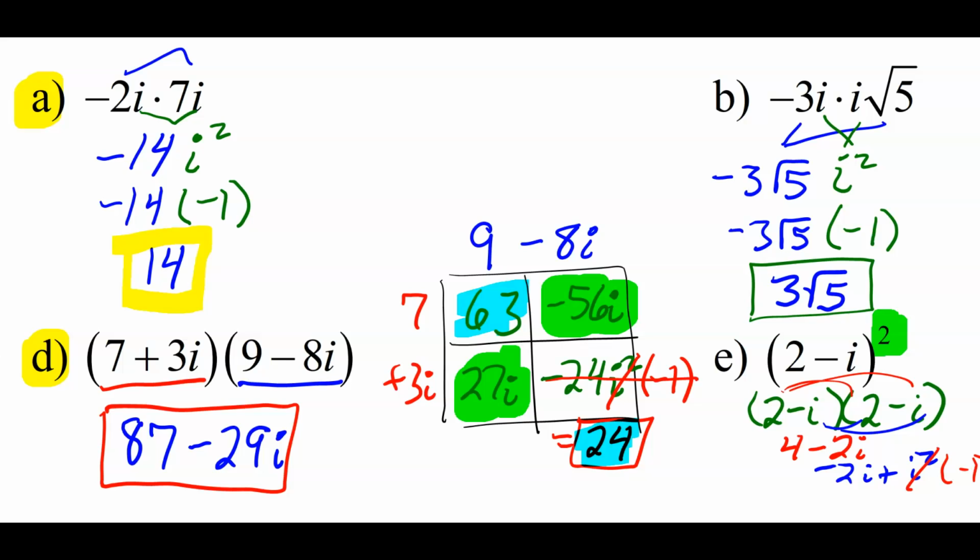Then I have 4 minus 1, so a final answer of 3 minus 2i minus 2i. So the imaginary part of this will be minus 4i, and then that is my final answer.